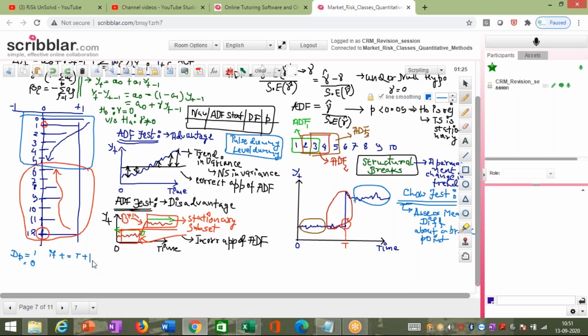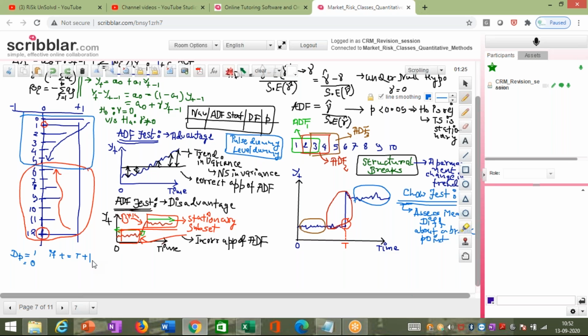Because of this DP, the mean mu should rise compared to what it was before the structural break. Let's say the average was 100 before the structural break, and after the structural break the average moves to 500. So there is a 400 unit jump in the overall mean.